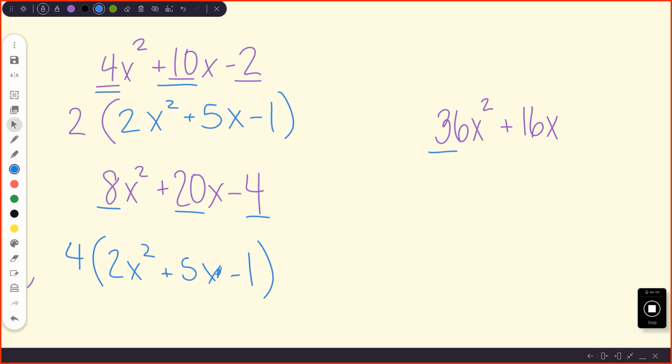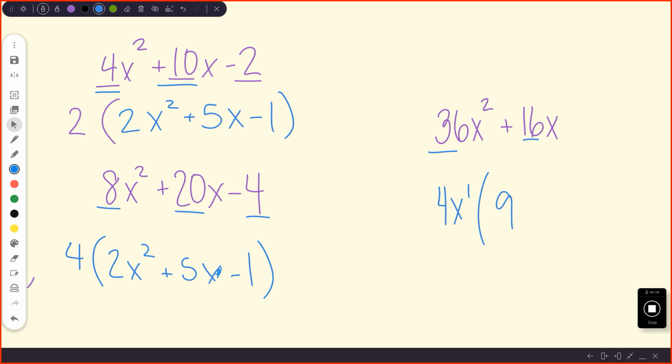Alright, so what's my greatest common number between 36 and 16? 4. Can I factor out an x? Yeah. Why? Because there's an x in both terms. If I have an x in both terms, that means I can divide out an x from each. So I'm actually going to divide out 4x from each one. Now, 36 divided by 4 is? 9.